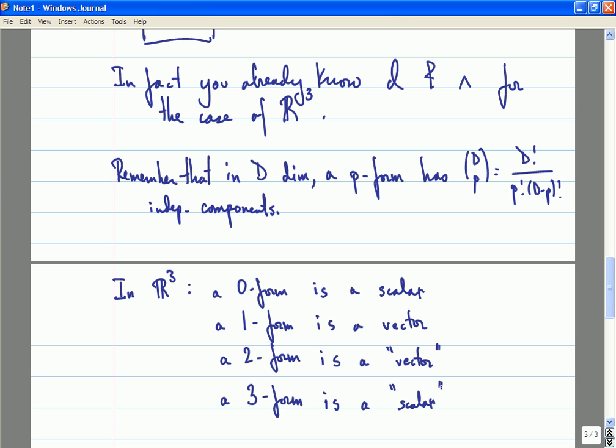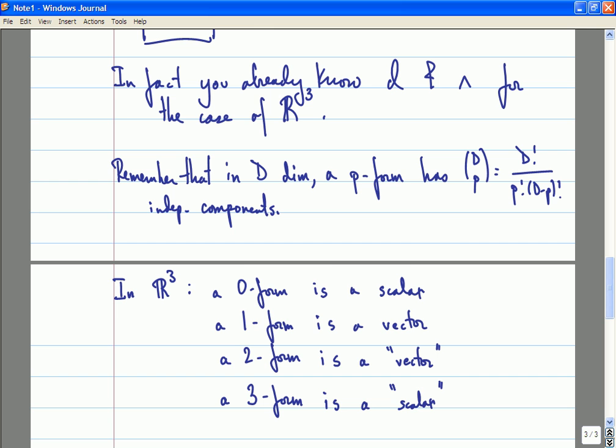Now, sometimes in your classes on electromagnetism, you might have noticed that there are actually 2 different kinds of scalars, and there are 2 different kinds of vectors. Sometimes these go under the name of vectors and pseudo-vectors, or scalars and pseudo-scalars, depending on their transformation properties under reflection. And in fact, that language just reflects the fact that there are secretly 2 different types of objects that you are calling vectors, and 2 different types of objects that you're calling scalars.